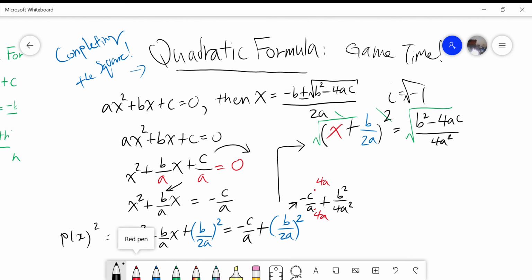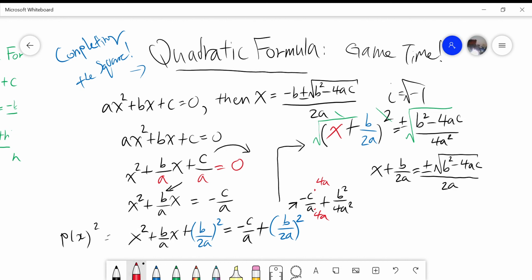And we are left with x plus b over 2a equals, oh, we gotta remember the plus or minus, the square root of b squared minus 4ac over 2a. Okay, we are almost done.